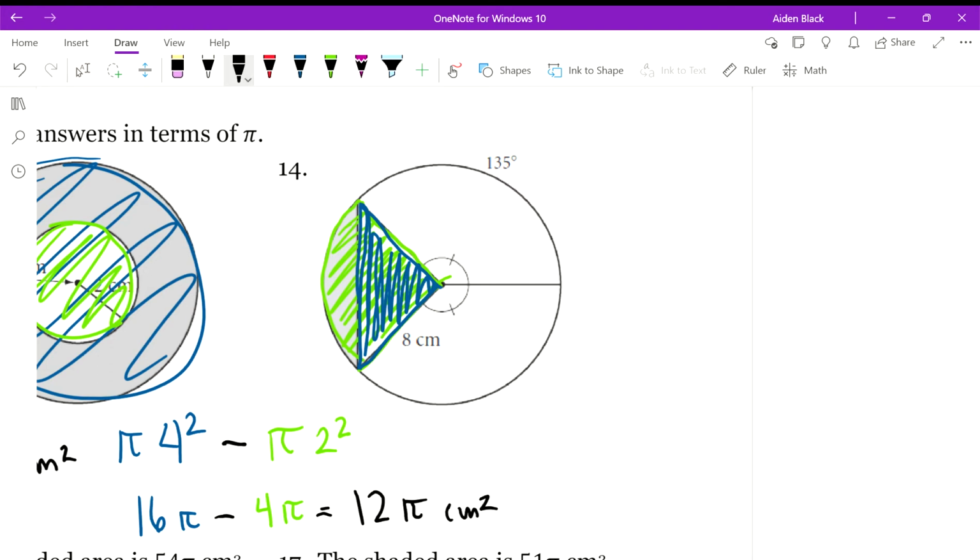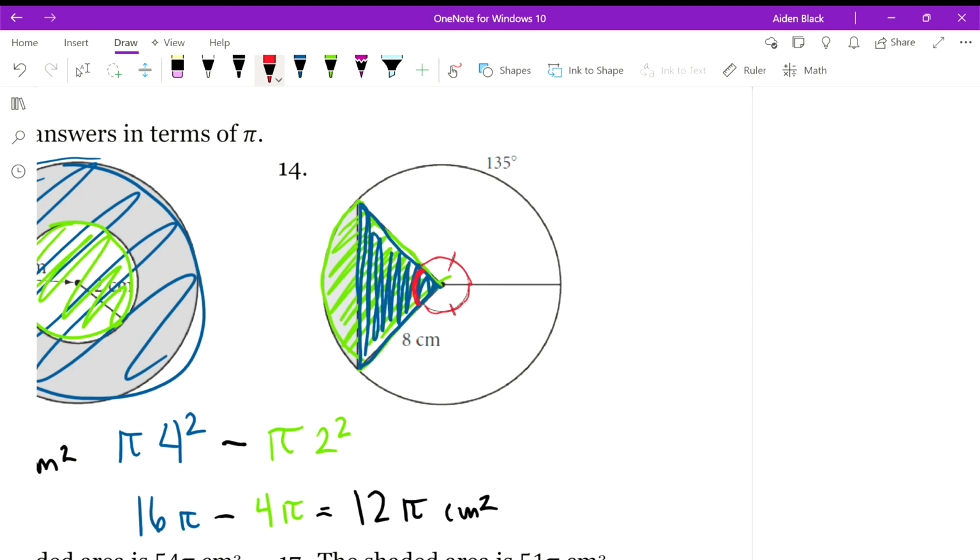So we have the area of the sector is, well, we need to know what angle this is right here. What angle is this? Well, this says that this angle is 135 degrees, right? Central angle is the same as the measure of its arc.